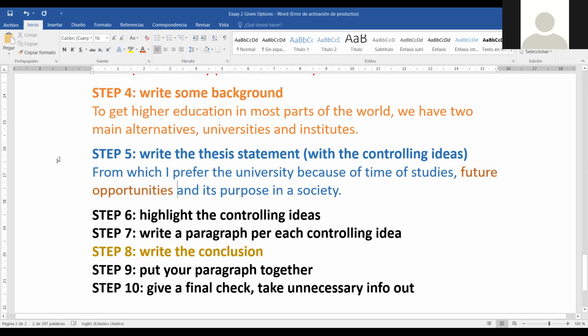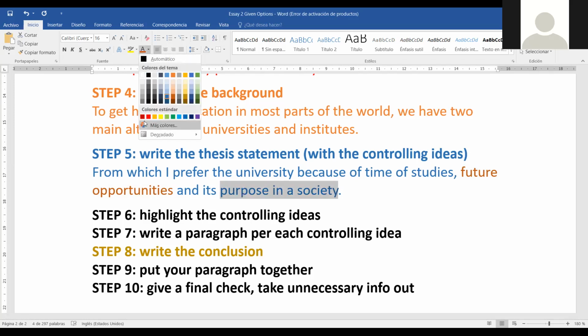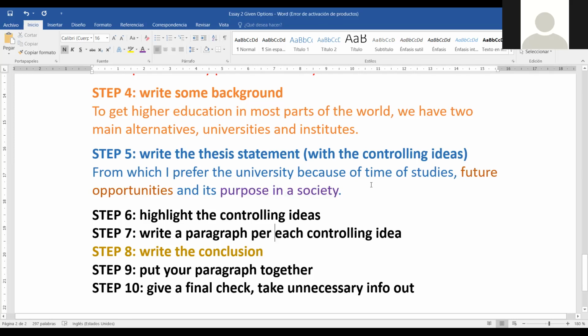Yeah, this color. And the third one is purpose in society. Purpose, purple. So I chose purple. Where is the purple? I do not see any purple color. Here it is. Okay, so we have the three controlling ideas.